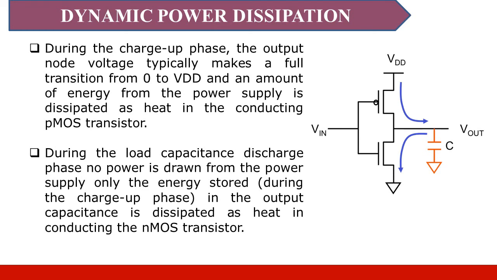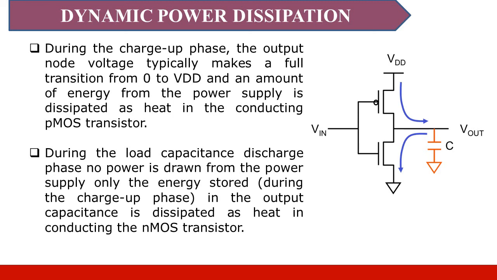Now if I talk of dynamic power dissipation, see this is a CMOS inverter, and here I am taking a capacitor as a load. Now there will be two cycles depending upon the input. Suppose the input is 0: then this PMOS will be on and this will be off.